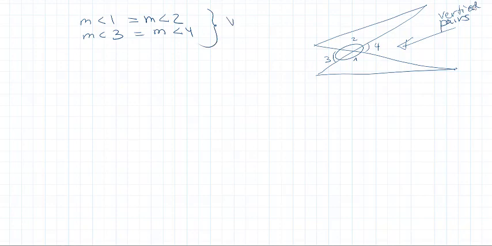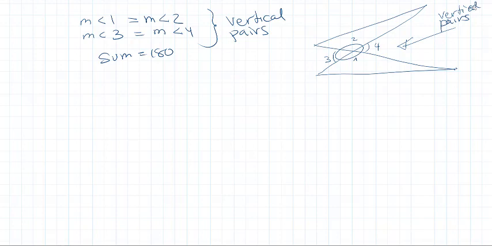Again, that's because these are vertical pairs. We'll use these two pieces of information, the sum equaling 180 and the vertical pairs, to solve a problem that involves the measures of these angles.